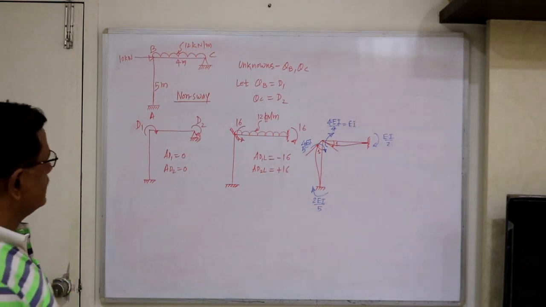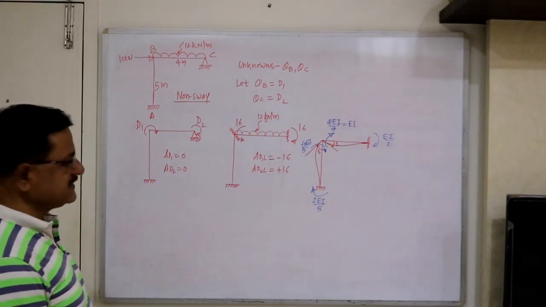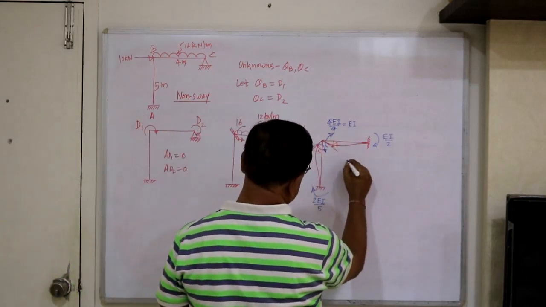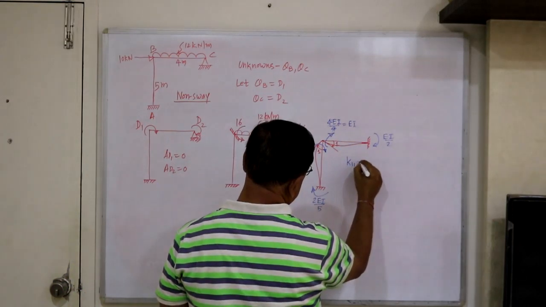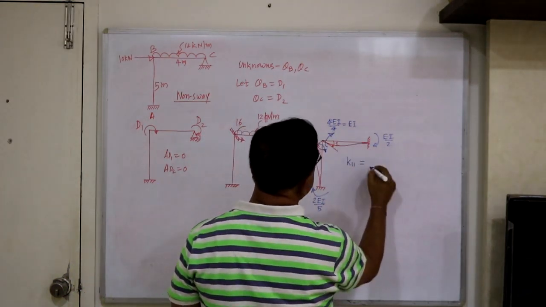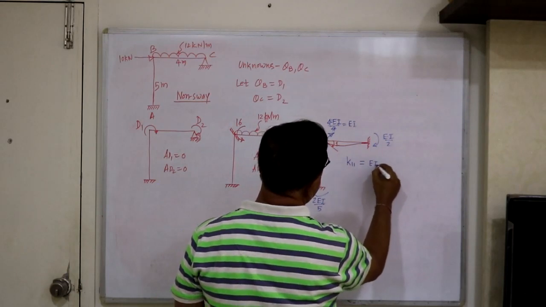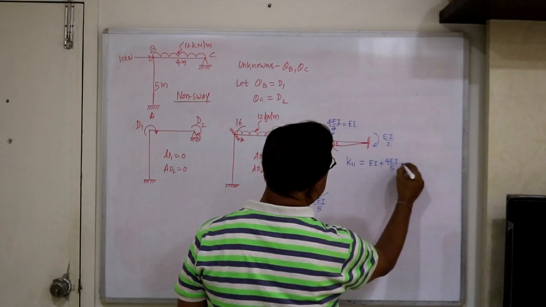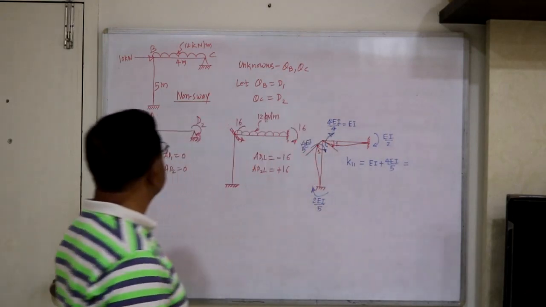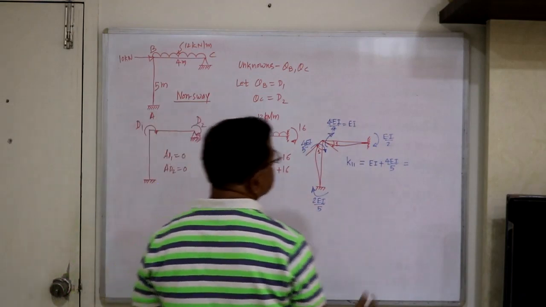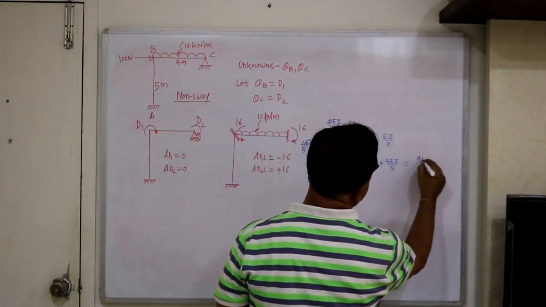Now, we are only interested in end moments. Both are clockwise in the direction of first, due to first. K11, so this is EI plus 4 EI upon 5, so this will be 9 EI by 5.